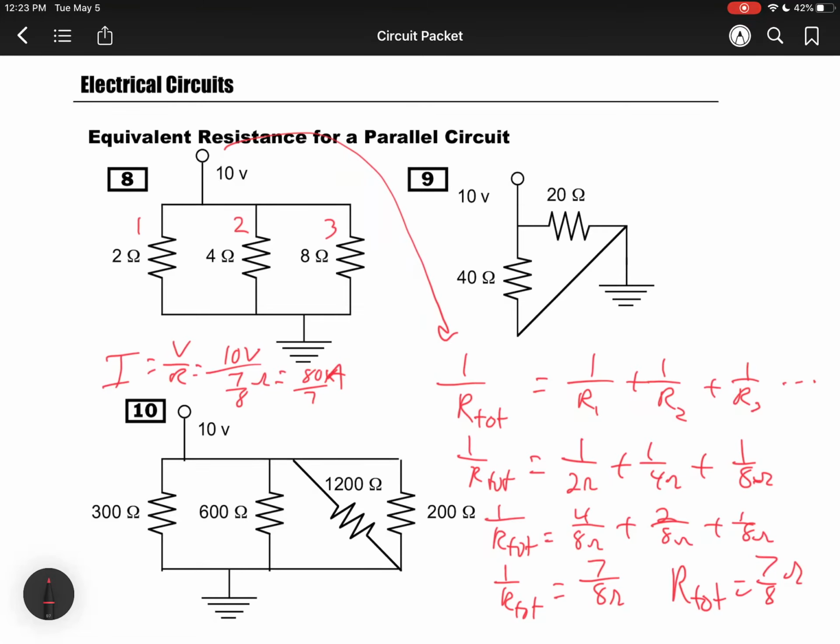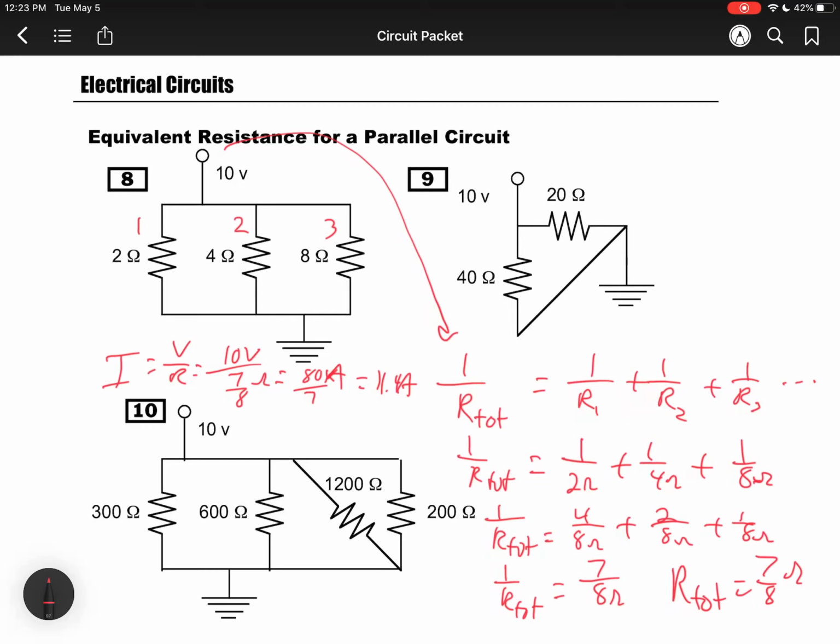Could have done a calculator much earlier, as I said. There we go. 11.4 amps. Alrighty. A little bit over 10 amps because they're a little bit under 1 ohm of resistance.